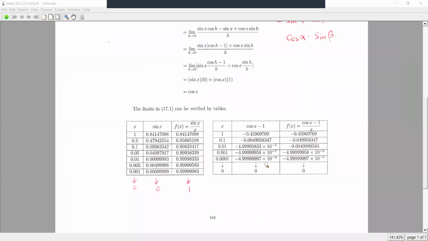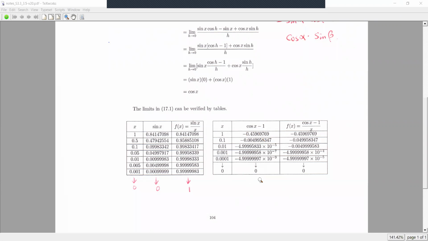This table is for the second limit. In this table, I let x approach 0 by taking on these points. The second column is the values of cosine of x minus 1 at these points.